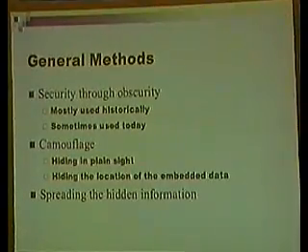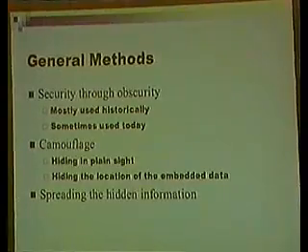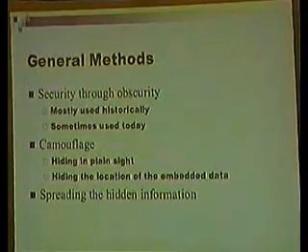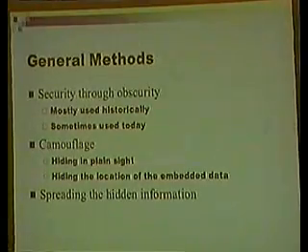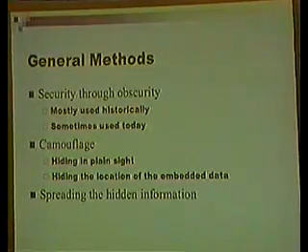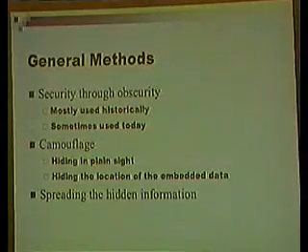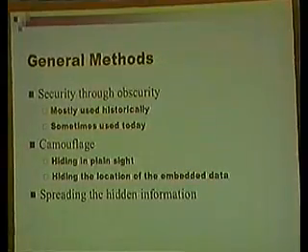Historically, there have been 3 general ways of doing information hiding. Security through obscurity is a big one. Mainly way back in Caesar's days, they used these kinds of techniques where, because nobody would know how you would encode your information, nobody but the recipient would find out what your message was.